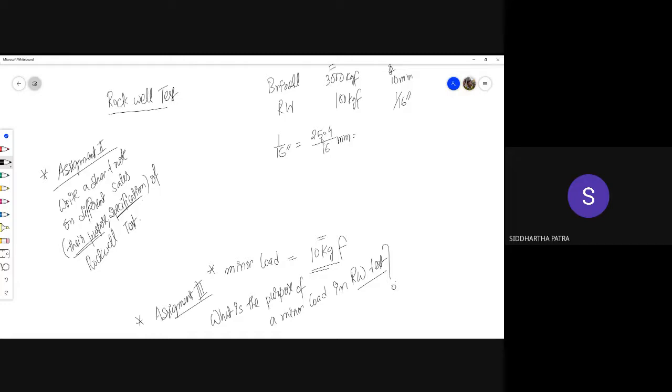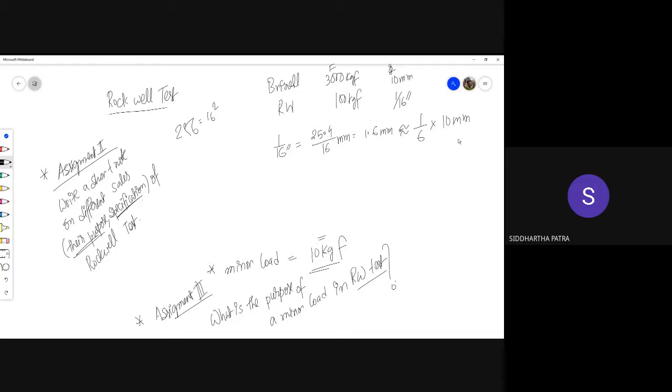Now, 25.4 is very close to 25.6, and 256 is actually the square of 16. So this is approximately 1.6 millimeters, which is about 1/6 of 10 millimeter.